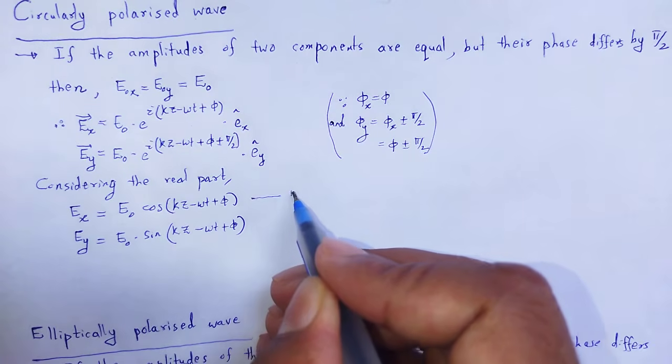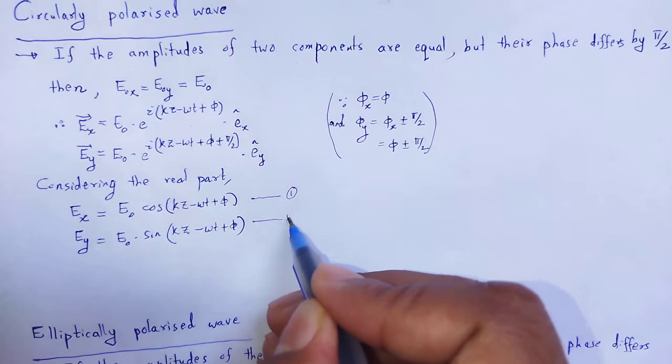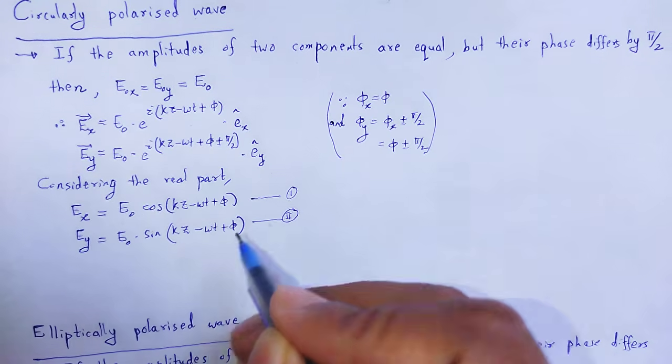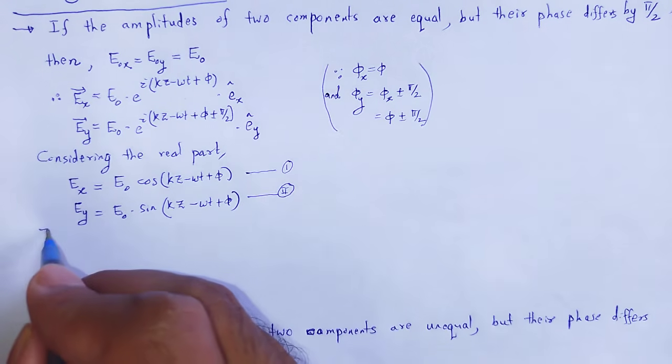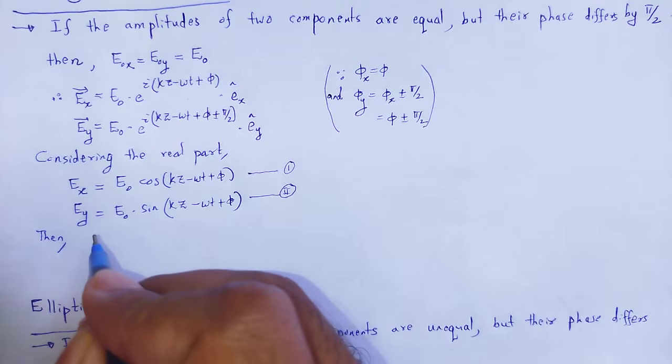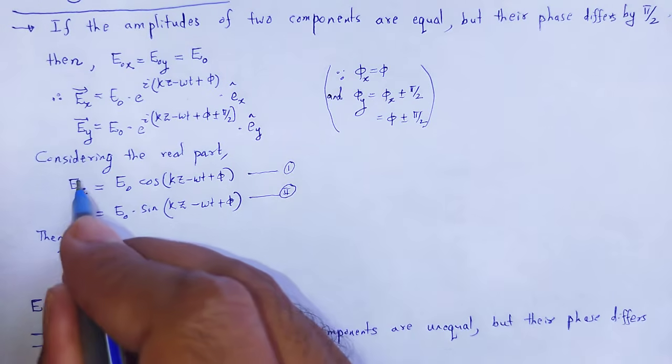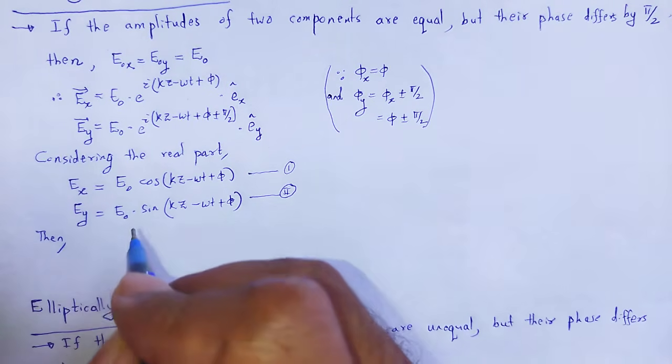Equation number I, equation number II. So, squaring, we have Ex square plus Ey square.